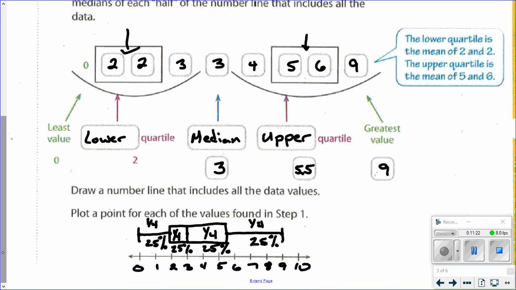Well, probably the best way to go about doing this is that 75% of the students have less than 5 pets, or 5.5 actually. So since 75% of my data is here between 0 and 5.5, the best statement I could make is to say that most students have at least 5 pets.